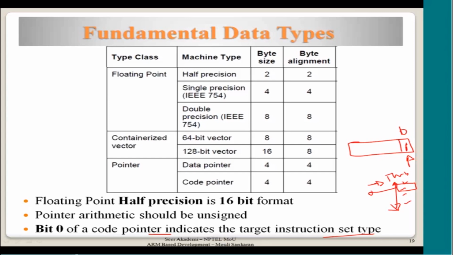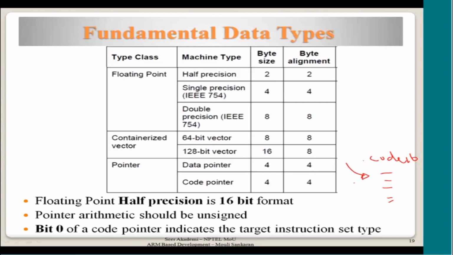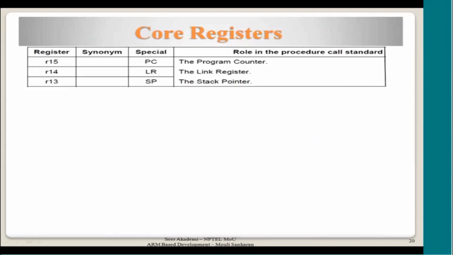The compiler or assembler takes care of putting the 1 based on your directive, thumb or code 16 or code 32. If you mention it, it generates 16-bit values, and for any address coming here, it will make bit 0 as 1, so that the processor knows it is going to fetch thumb instructions. So there are 4 registers. This you know.